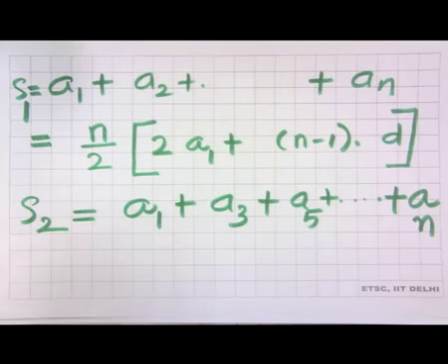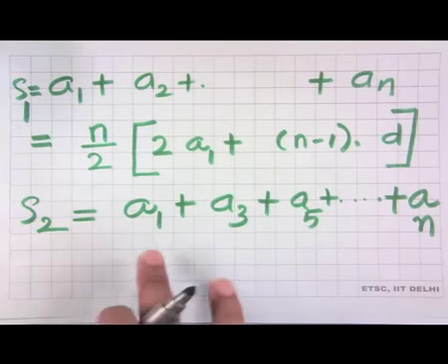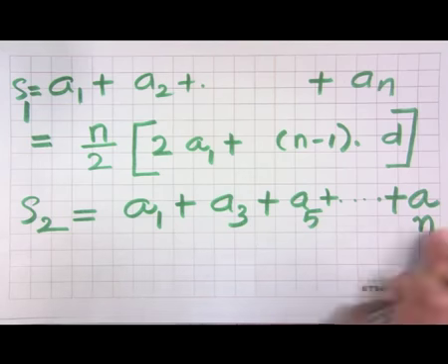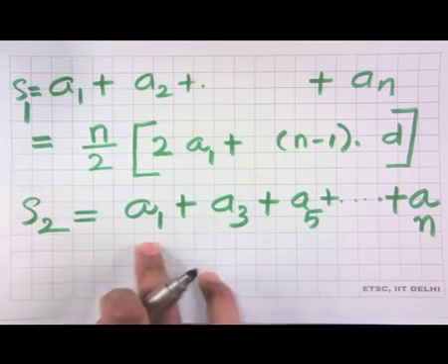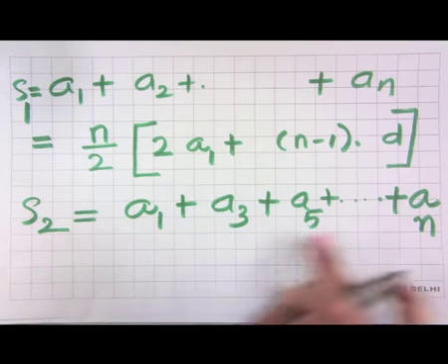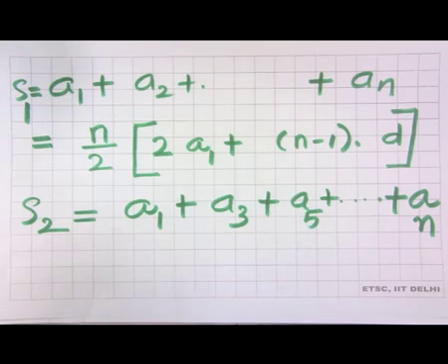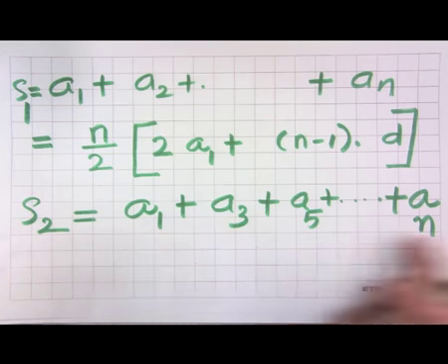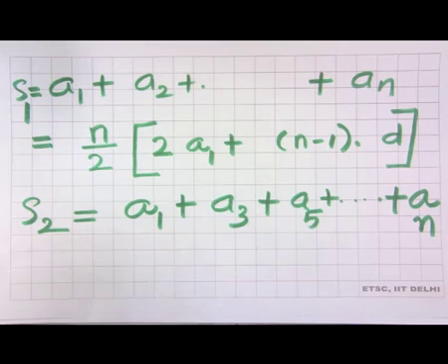Next, the question is, how many terms are there in this arithmetic progression A1, A3, A5 and so on up to An? It's not hard to see that the number of terms of this summation is (n plus 1) by 2.